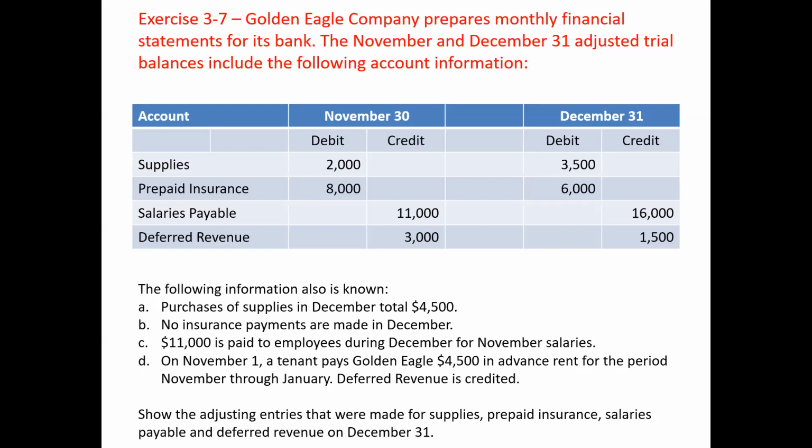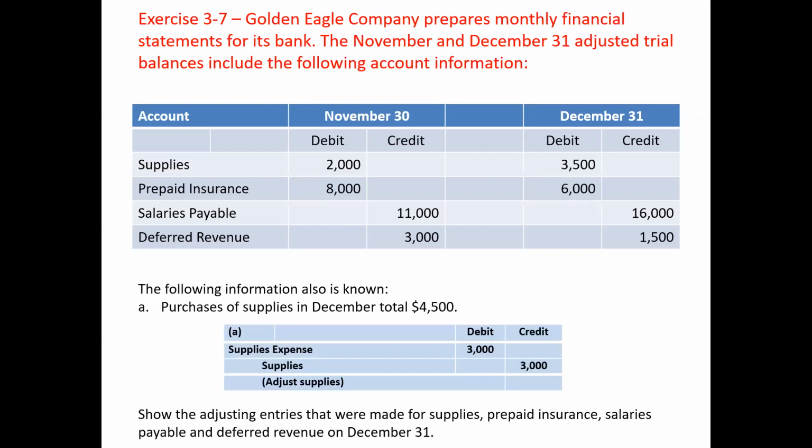So what we're doing here is we're looking at someone's books who have been done right, and we are supposed to determine what adjusting journal entries were made for the company. Let's take the first one.